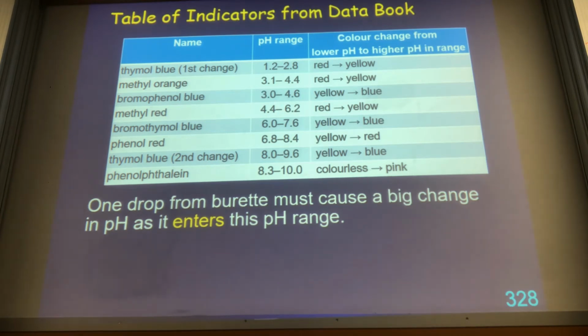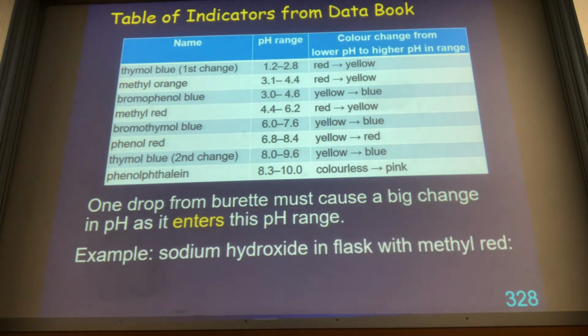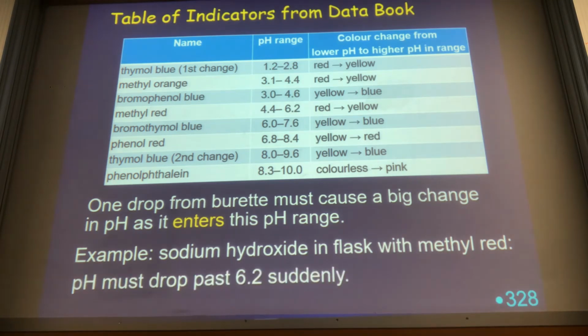So get the pH down to 5.5 with the addition of 1 drop. Sodium hydroxide in flask with methyl red means the pH must drop below 6.2 really quickly.